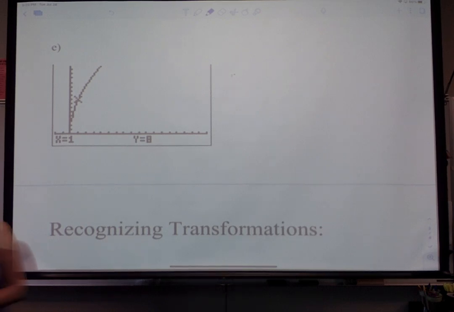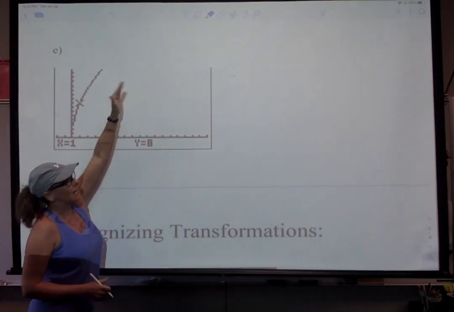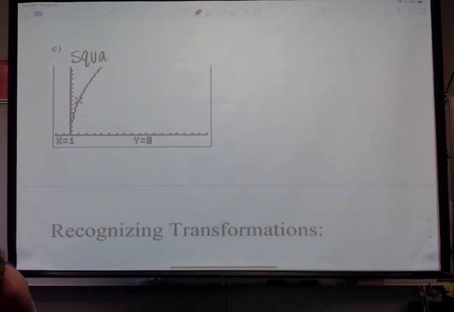Okay, now this one's a little more complicated. This one does have a stretch going on, and the reason I know is it starts at the origin and it does this, kind of like our root function. So the parent is the square root.